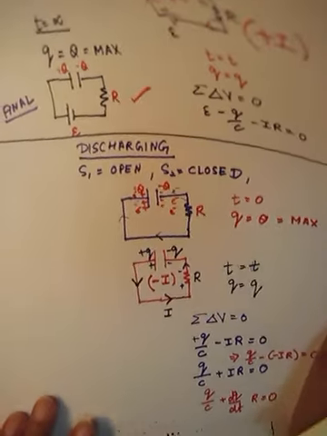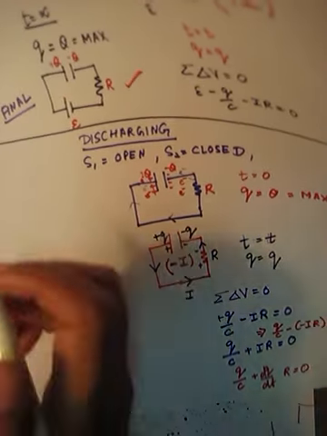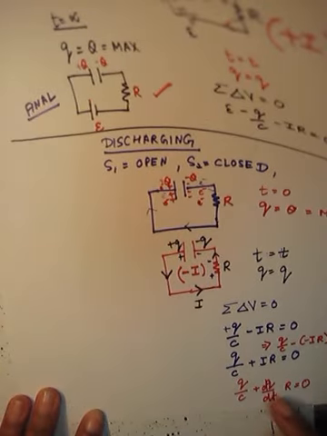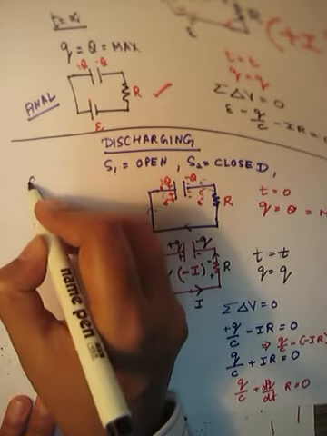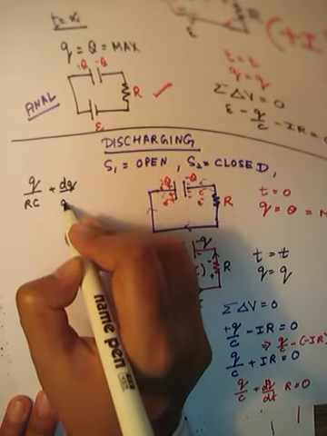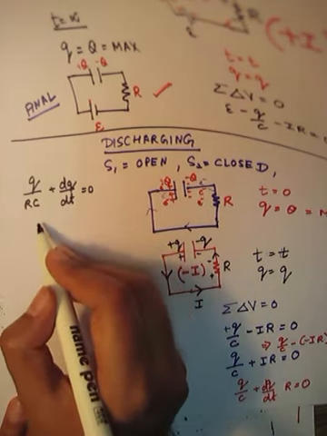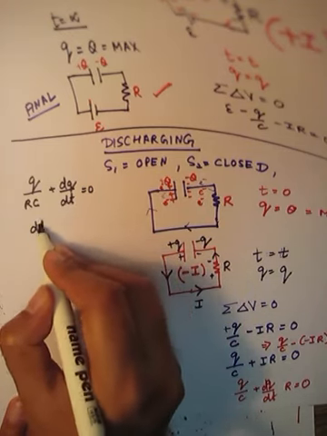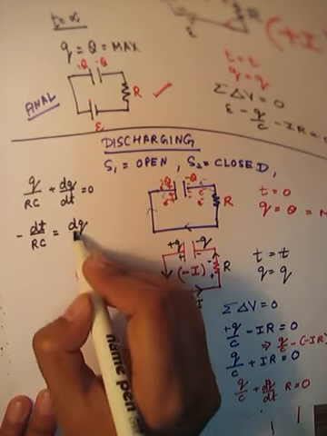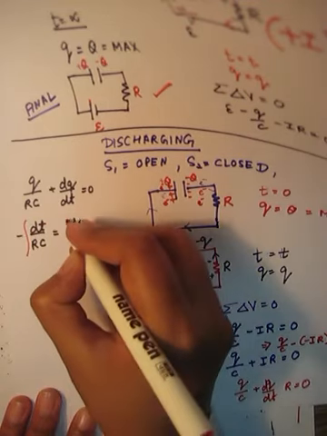So now let's try to solve this equation. Let's take the components of t and q separately. So we can write q upon RC plus dq upon dt is equal to 0, or we can also write it as dt upon RC will be equal to minus dq upon q, taking an integral.